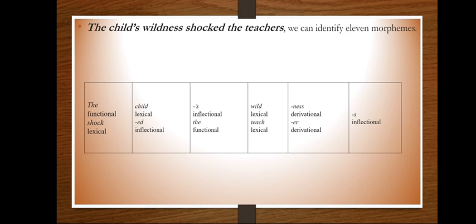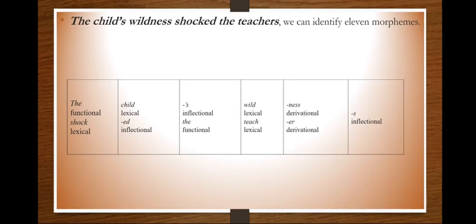So look at this sentence: the child's wildness shocked the teacher. Here we have 11 morphemes. Some are free, some are bound; among the free, some are lexical and some are functional; among the bound, some are derivational and some are inflectional.